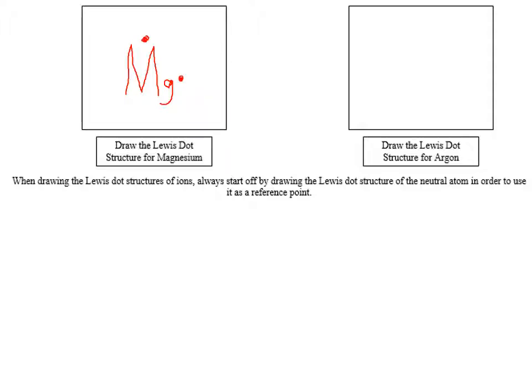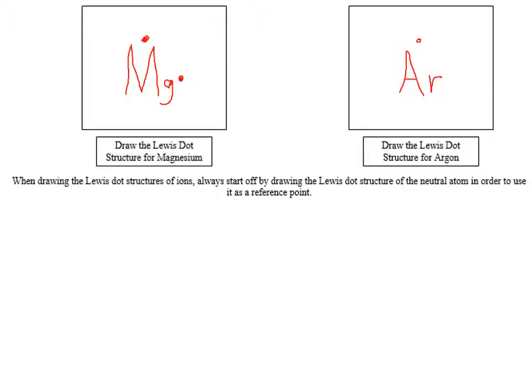Usually the way I fill in the electrons is I start off by placing them singly first, so top, to the right, to the bottom, to the left, then back to the top to pair, to the right to pair, to the bottom to pair, and then to the left to pair if that's required. So for example, let's look at argon. Argon is a noble gas. It's in group 18. It has 8 valence electrons.